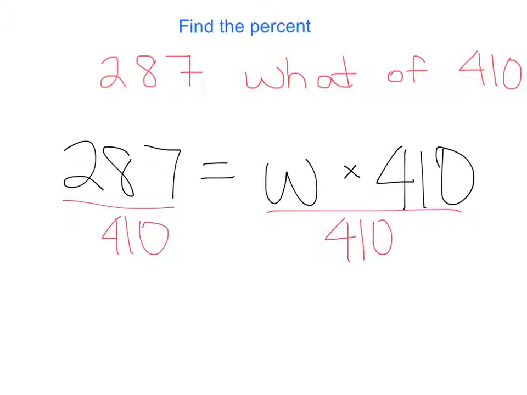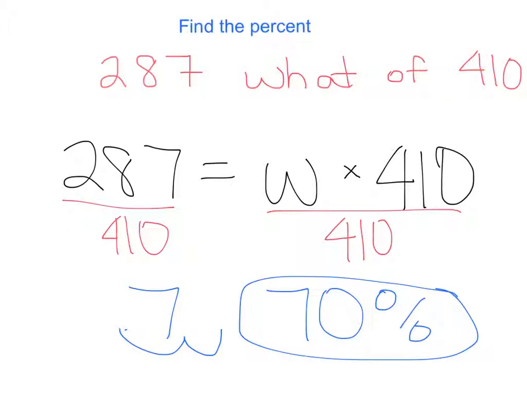So if we get 287 and we divide by 410, you will end up with 0.7. But this is not how we write percents. This is the decimal form. So you move it two places, which means 287 is 70% of 410.